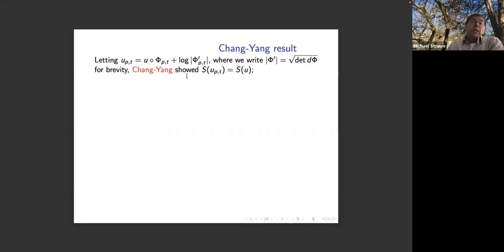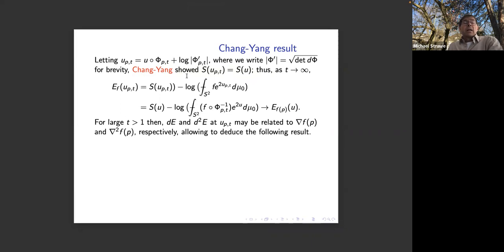Chang and Yang in 1987 already showed conformal invariance of the Liouville energy, and thus the F energy will change as follows. The Liouville energy is the same as the unscaled energy. But if we do the transformation from the original coordinates to scaled stereographic coordinates, we get f composed with phi_{p,t} inverse, which as t tends to infinity converges to f at the point p.